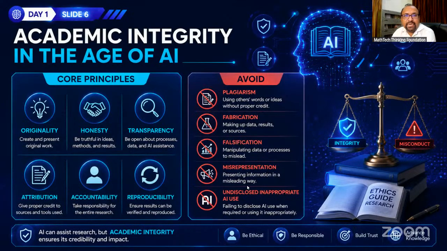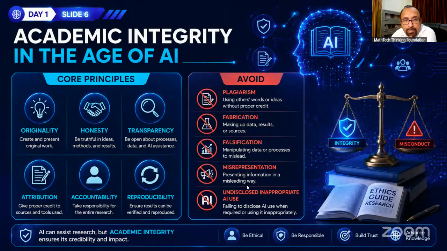Academic integrity is not a new concept created by generative AI. Researchers have always been expected to maintain originality, honesty, transparency, and accountability. What generative AI has done is introduce a new situation where these principles must be carefully considered. Let us talk about plagiarism.